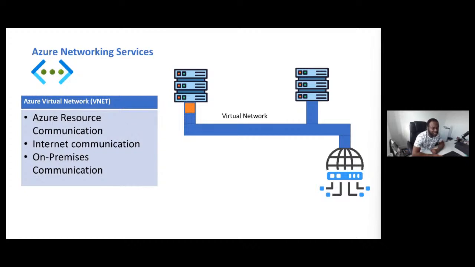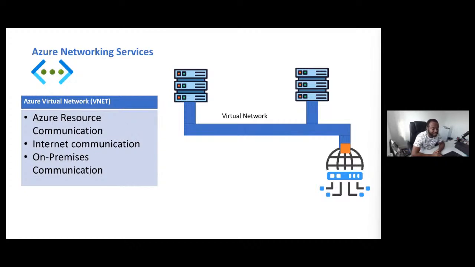I have a simple demonstration here where you see the network communicating inside the Azure fabric from one VNet to the other, or even from one subnet to the other. The same communication can also be passed outside to the internet when you want to access certain resources on the internet, and also on your on-prem environment as well.